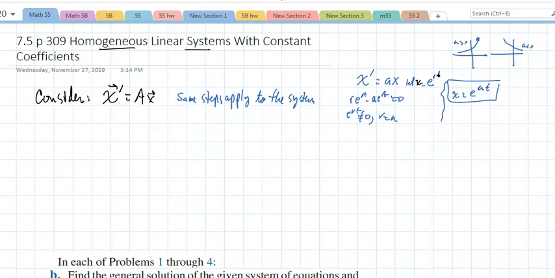So we're going to do the same here, but matrices don't behave like numbers. Instead, if you took linear algebra, you know how this goes.